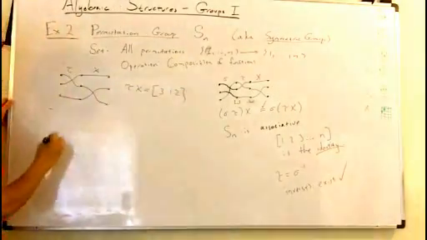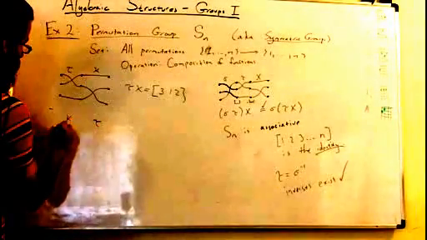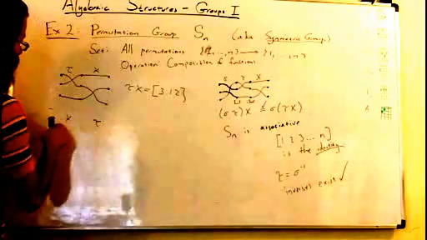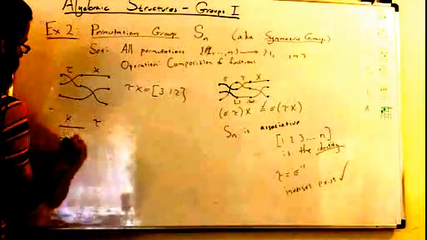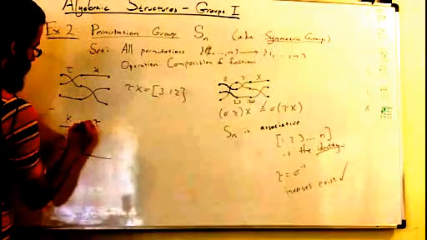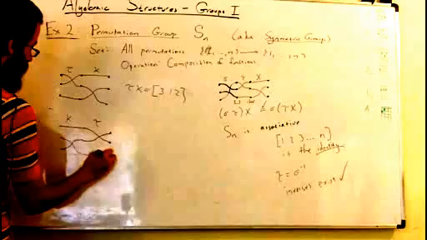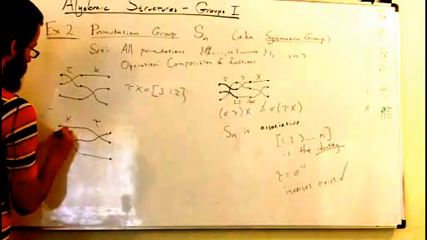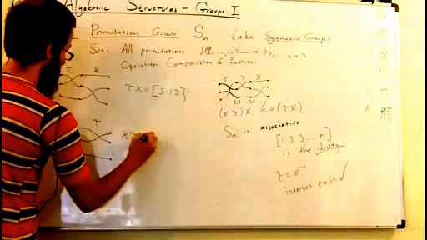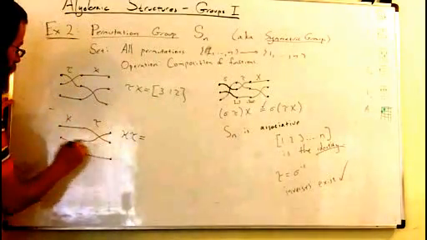Yeah? On the other hand, if I do kappa then tau, so kappa looks like this, tau looks like this, so kappa tau is equal to 2, 3, 1.